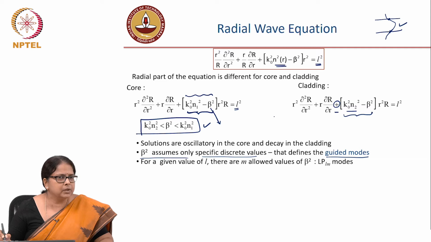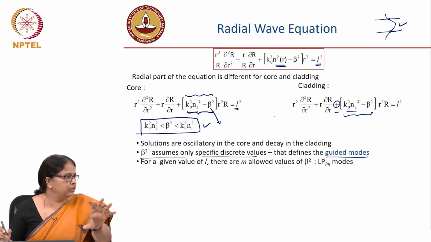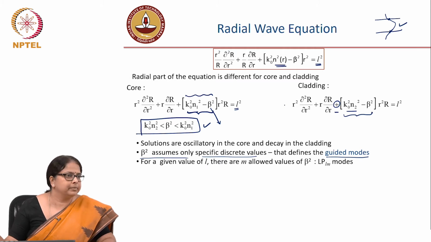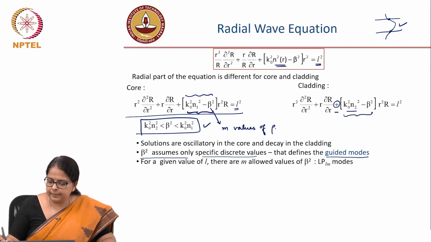0, plus minus 1, plus minus 2, and we said plus minus 1 and plus minus 2 give you the same field. So, it is just 0, 1, 2, 3. For each of 0, 1, 2, 3, if you solve this equation it is going to give you m values of beta. Okay, for each value of L, it can give you m values of beta.